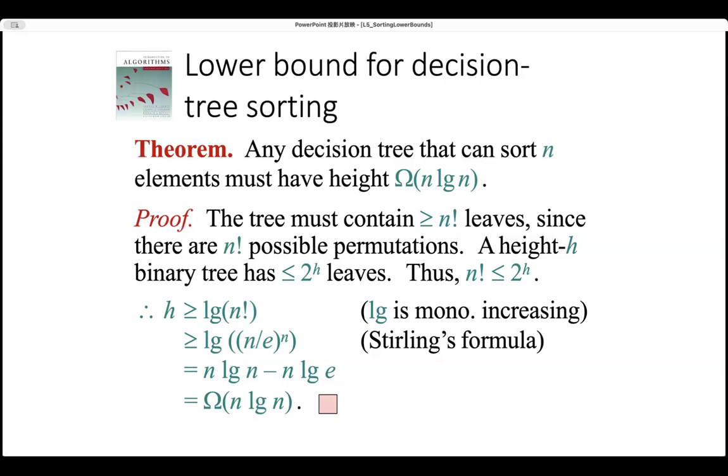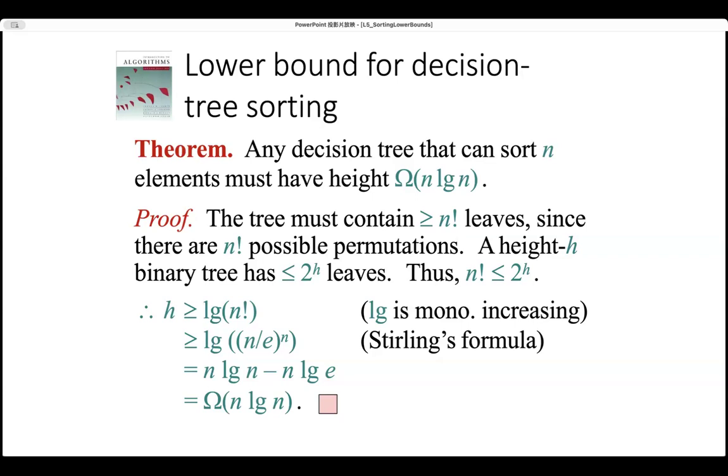So in other words, the factorial of n must be smaller or equal to 2 to the power of h. Here h represents the height of the tree. So you can see clearly there is a lower bound for the height of the tree.